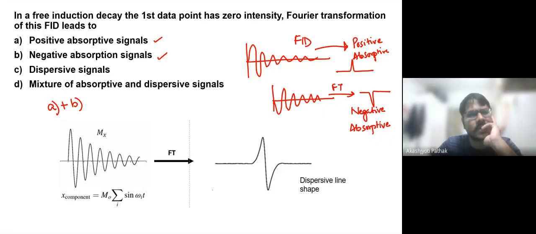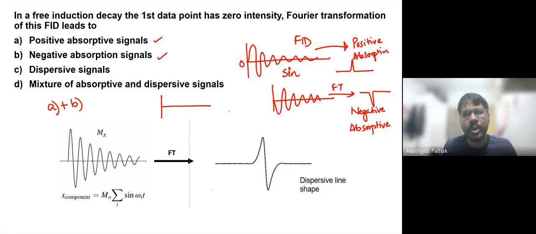Has zero intensity. Okay, so this zero intensity, we learned, right? No, no, I made a mistake actually. Sorry. If it is having zero intensity, it is a sine function, isn't it? Your sine function always starts with zero, right?